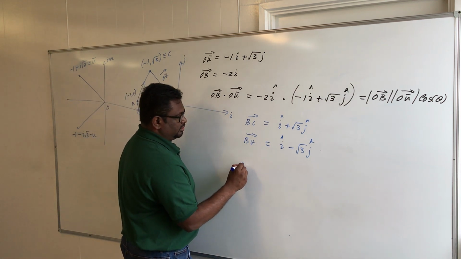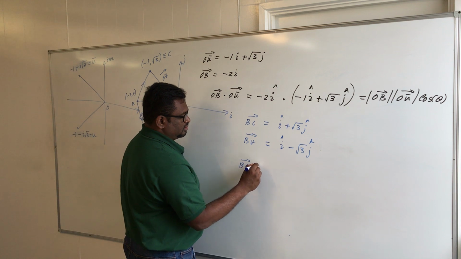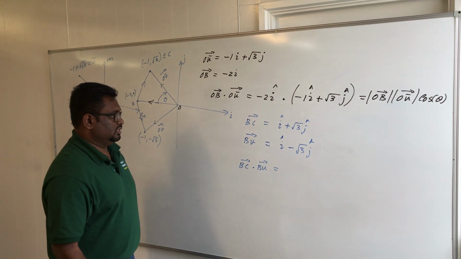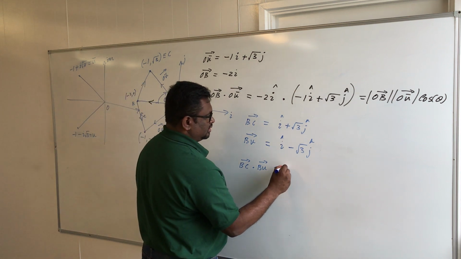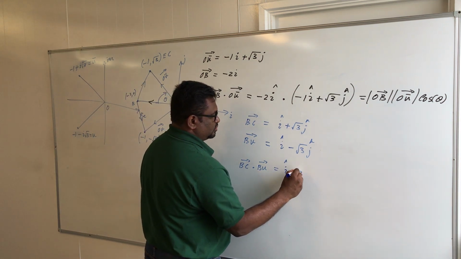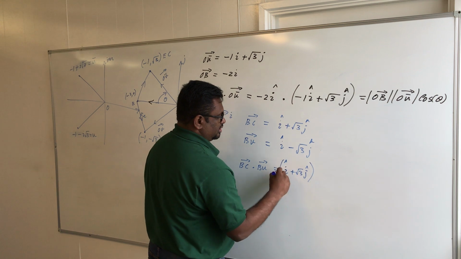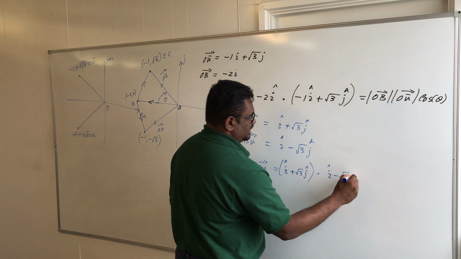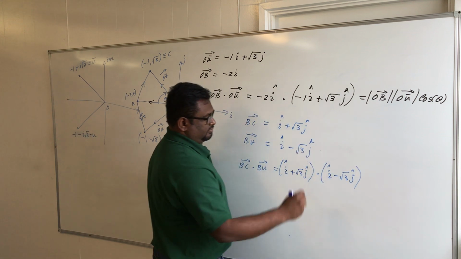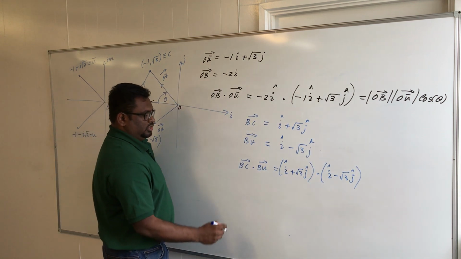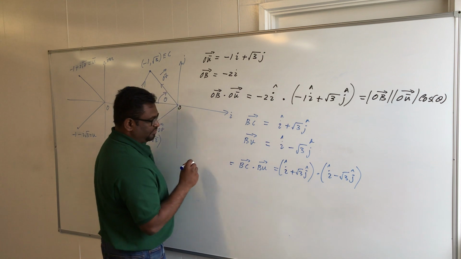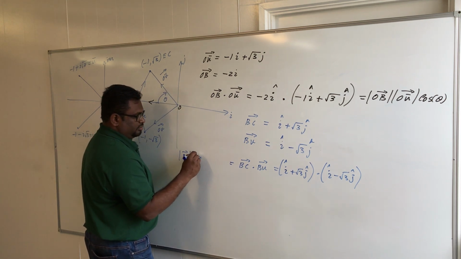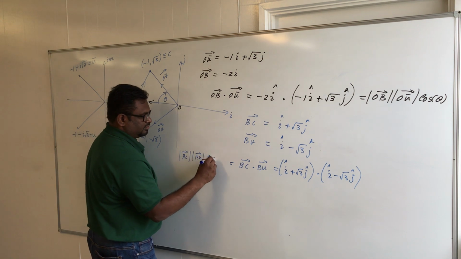So now you need BC dot BU. So that would be i plus square root 3j dot i minus square root 3j, right? And this one is BC magnitude, BU magnitude cos theta.